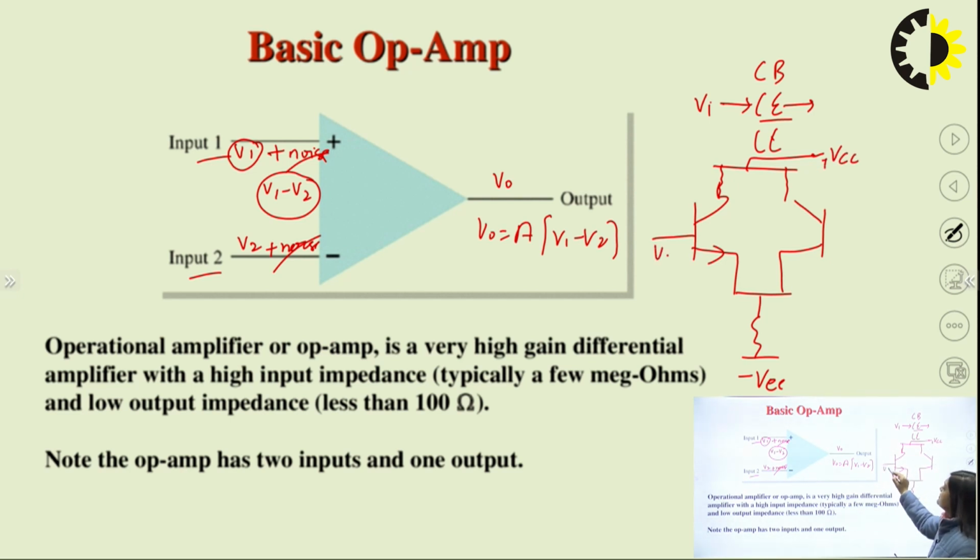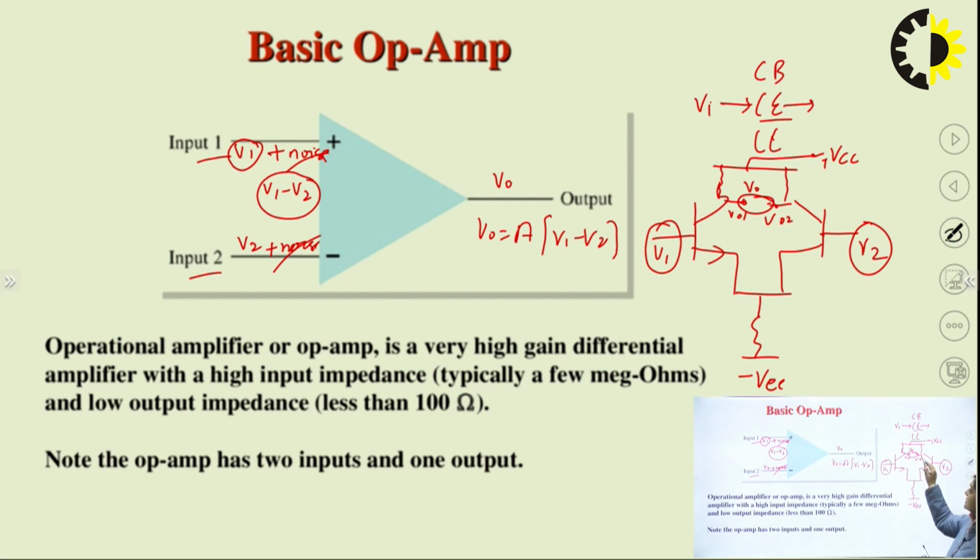Here we can give our V1 input and here our V2 input, and the output we are taking from this point. This is the V01 output and this is the V02 output. The difference between these two terminals is the output. So inside this Opamp there are common emitter configurations. We give the inputs V1 and V2 at the input terminals of these common emitter amplifiers, and here we get the output.